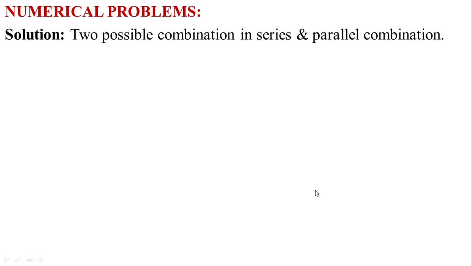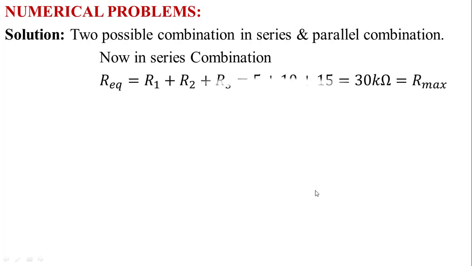In the given solution, according to the statement, find the maximum and minimum values. First of all, two possible combinations: series and parallel. In series combination, the equivalent resistance R EQ is equal to R1 plus R2 plus R3.